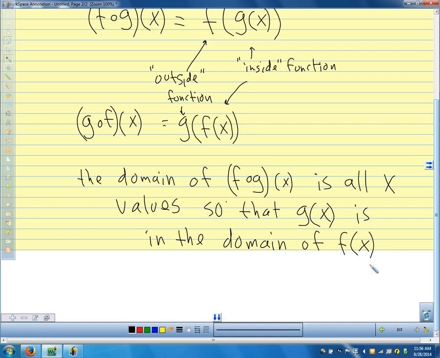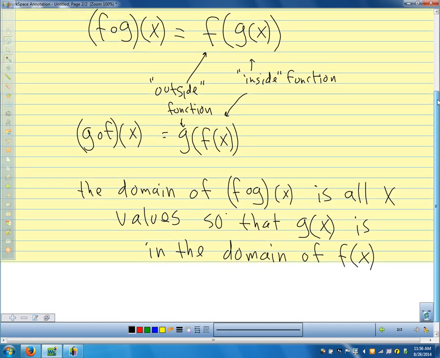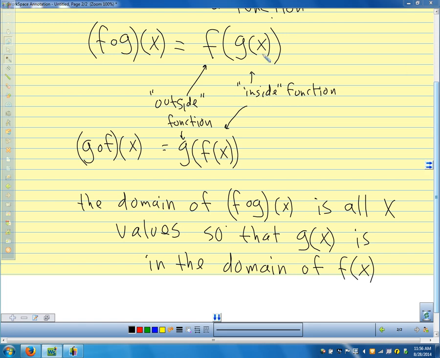What this boils down to is that when we're forming a composition, we're putting x into our function g first. So first off, we have to be careful of the domain restrictions for g. And then whatever comes out of g of x, whatever our result is, has to be in the domain of f, because we're plugging g into f.